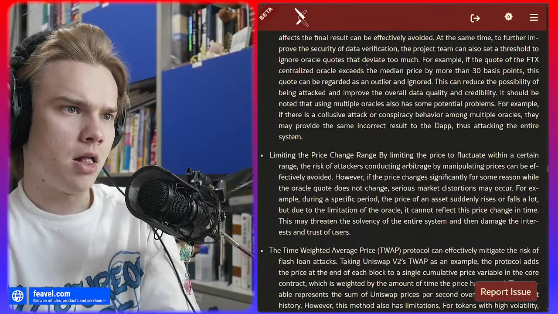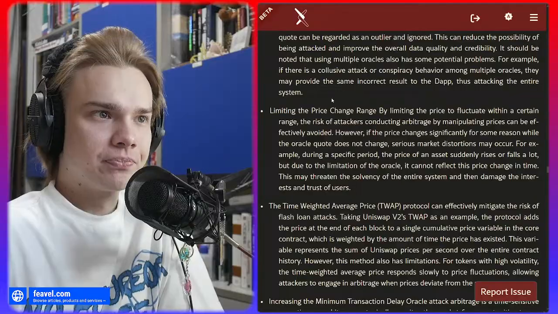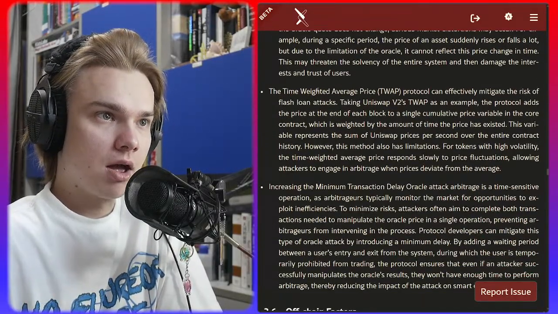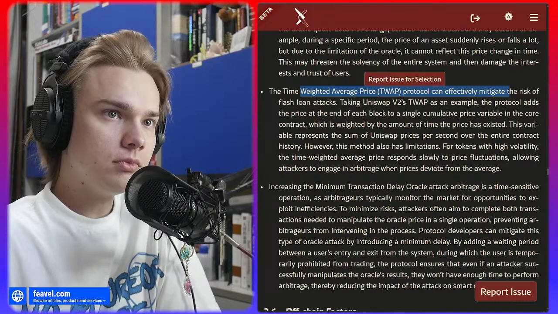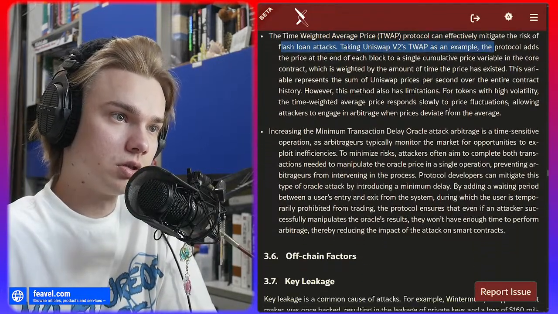That's it. Limiting the price change range by limiting the price functionality. The time weighted average price protocol can efficiently mitigate the risk of flash loans.